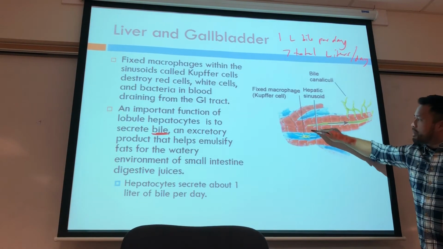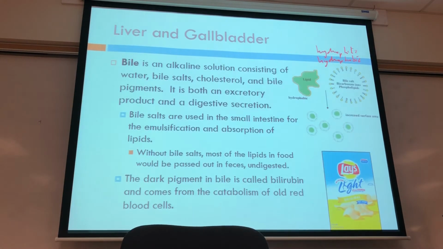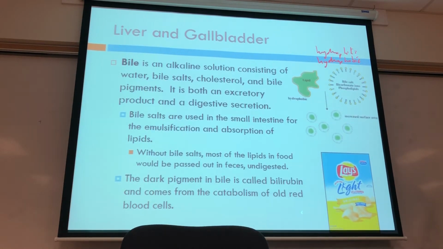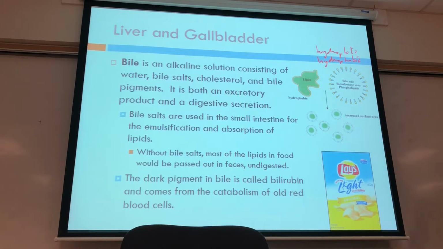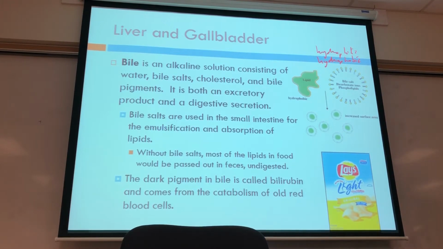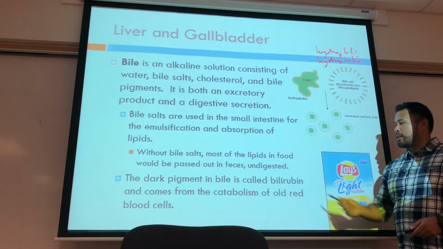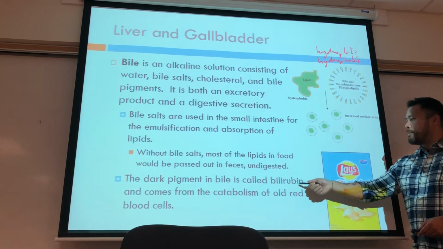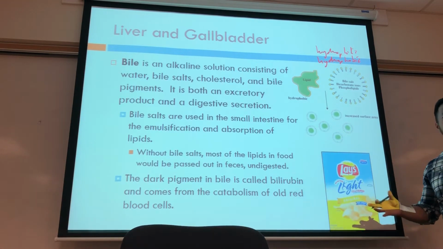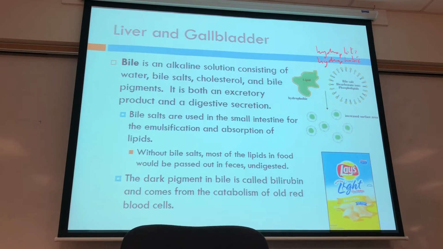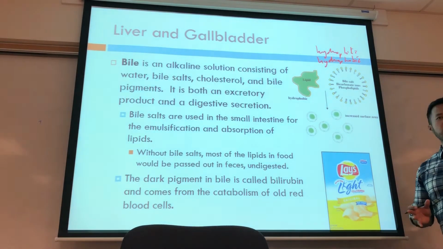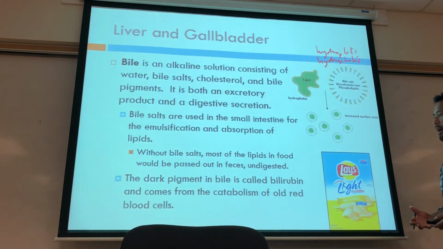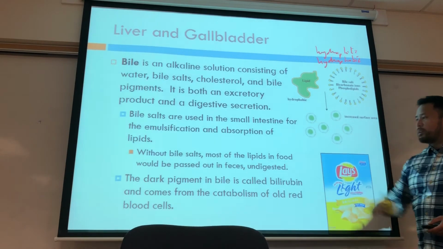We can take in those red blood cells and break them apart. And that byproduct is called bilirubin, and it comes from breaking apart those iron particles within hemoglobin. That bilirubin, which you'll learn later on, is what contributes to the brown color of feces. Why is your feces brown? It's bilirubin.